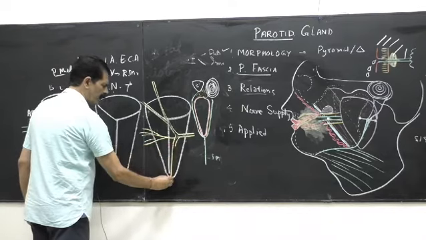It goes inside, the dotted line means it has to go inside the gland. So this nerve is superficial and divides the gland into two parts, superficial and deep. I have told you, two slices of bread, and the butter or jam is the facial nerve. So it is like this.